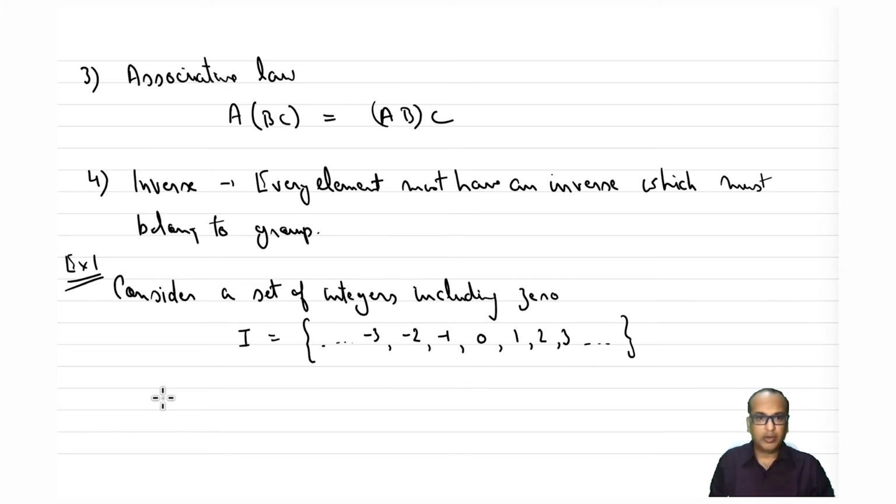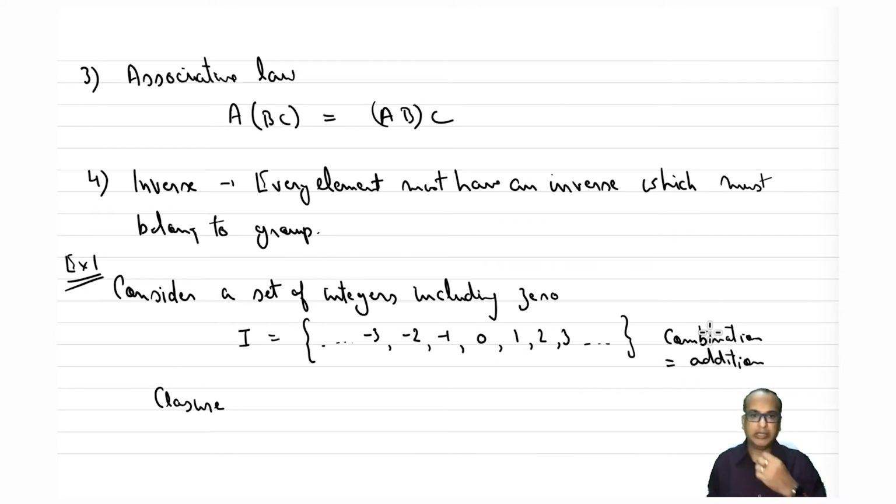Okay, so the closure property, and in this case for closure property we will say that combination is equal to addition. Okay, so we'll not be considering product as a combination, we'll consider addition as a combination.